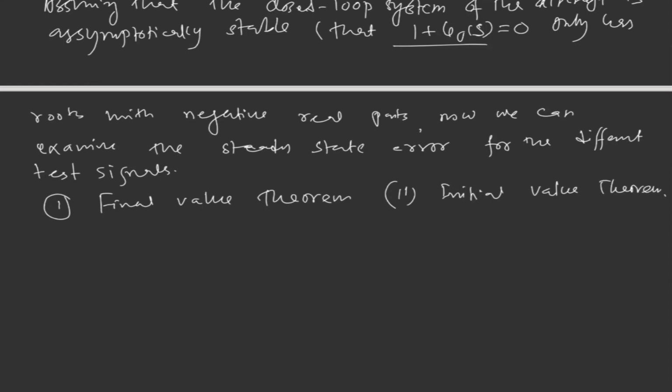So now we are going to use the final value theorem to define how the system goes to the steady state value, so the system goes to the reference signal. What is the error?